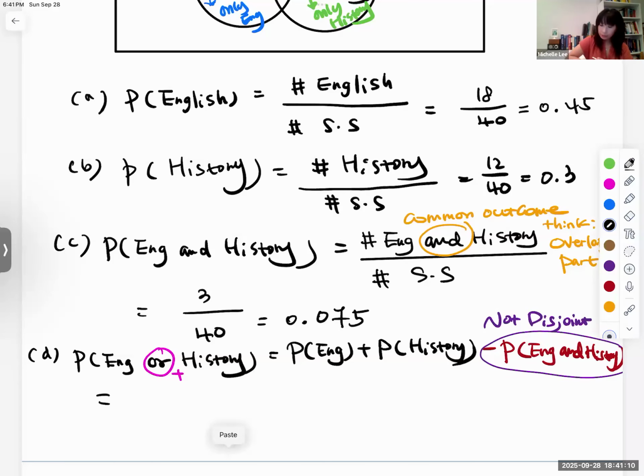Okay, so we have from part one, a 0.45, the probability of English, and part B, probability of history, we have 0.3, and take away overlap. That is the C part. Oh, that's why they have everything in order, right?